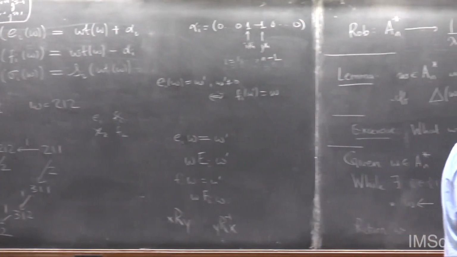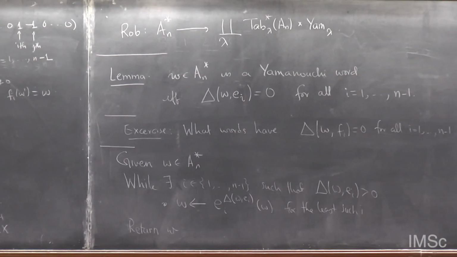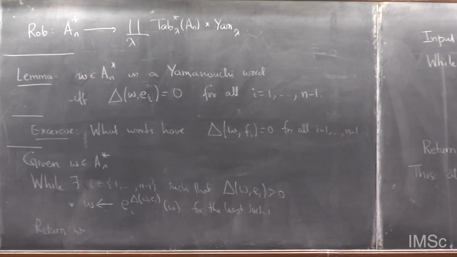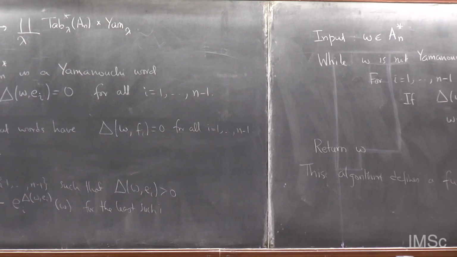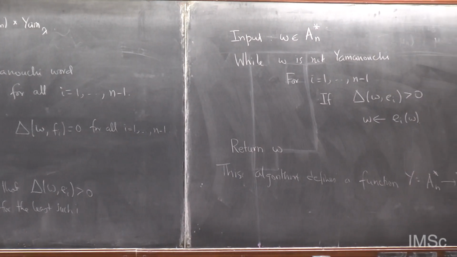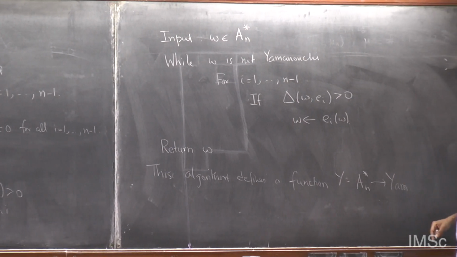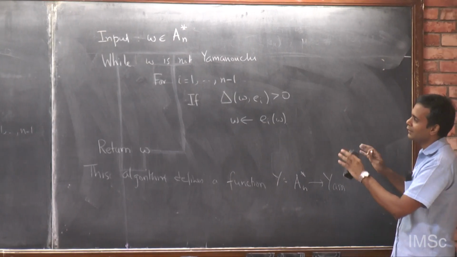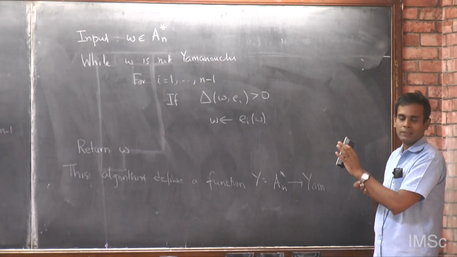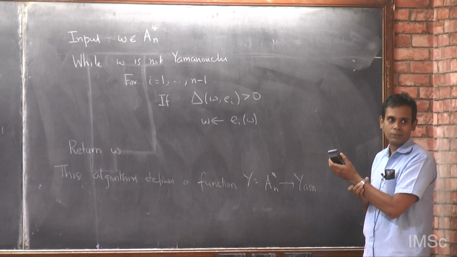And what we already saw was that the Q star tableau of this Yamanouchi word, we have a description for that. Okay, so now let me try to relate this crystal business with the Robinson-Schensted correspondence.